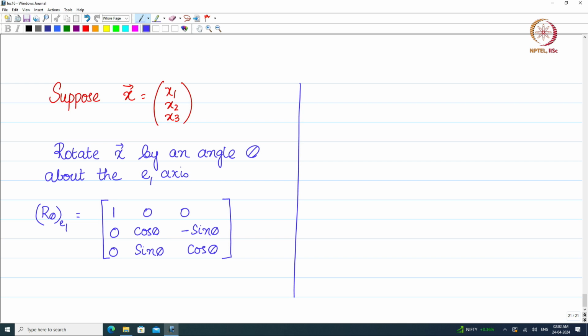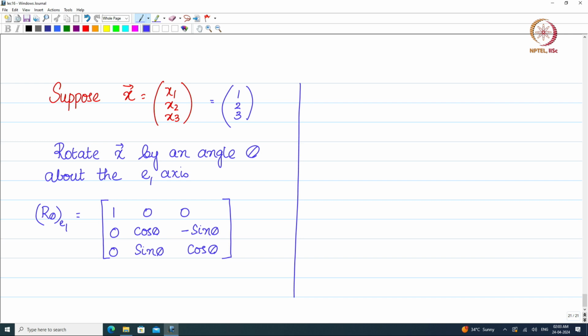Now, instead of taking the generic case x1, x2, x3, we will take a simple example where x is equal to 1 2 3. Let us take this to be 1 2 3 and see what happens. You can also fix some values for theta and see what happens.